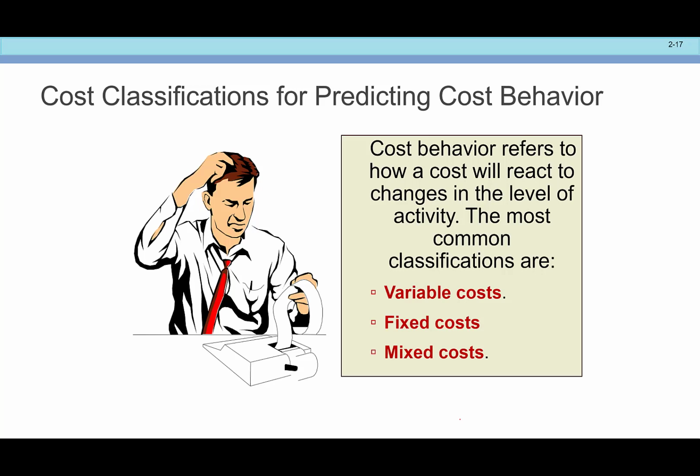Okay. How about direct labor? Variable because it'll rise and fall with the level of production, right? Okay, good. Now, some costs will stay the same regardless of the level of production.